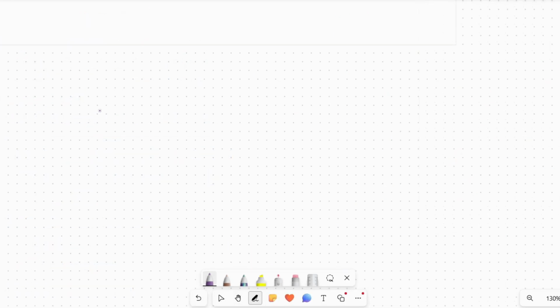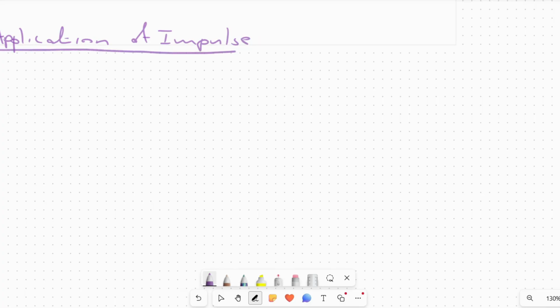Alright, so now I just want us to look at the application of the impulse momentum theorem. So I want us to look at the application of this theorem here. Application of impulse. So what is an application of this?